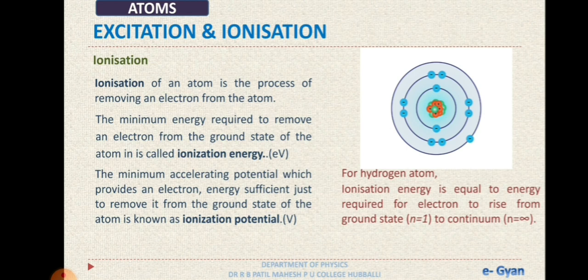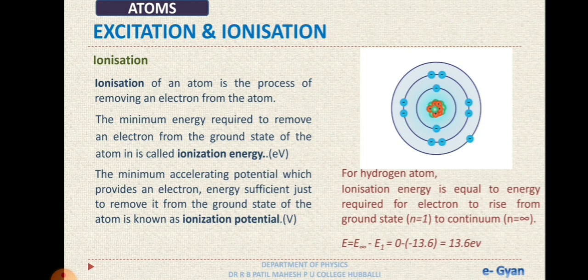For the hydrogen atom, ionization energy is equal to the energy required for an electron to rise from the ground state, that is n = 1, to the continuum state, that is n = infinity. Therefore, the energy required is E = E∞ − E1, that is 0 − (−13.6), hence +13.6 electron volts.